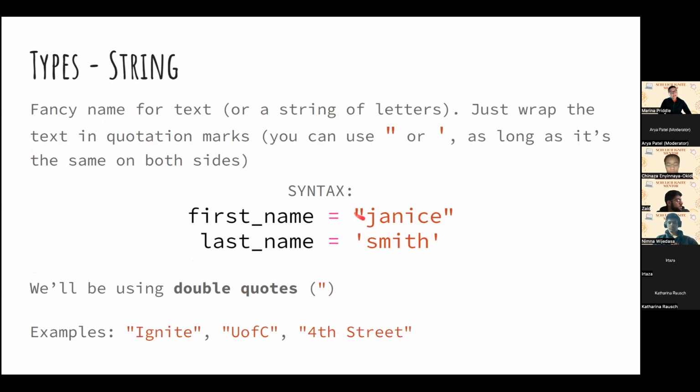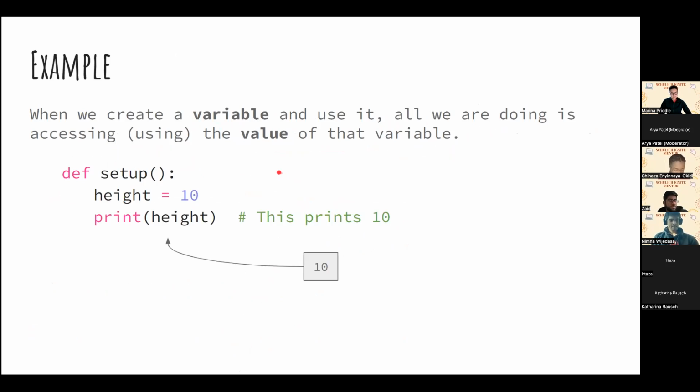Because you indicated double quotation marks. It is just a fancy name for text, or a string of letters. Just wrap the text in quotation marks. You can use either double or single quotation marks, as long as it's the same on both sides, and you will print a string, okay? Every time you use quotation marks, that is a string. Please make sure you understand that part, because you're about to get your question on that.